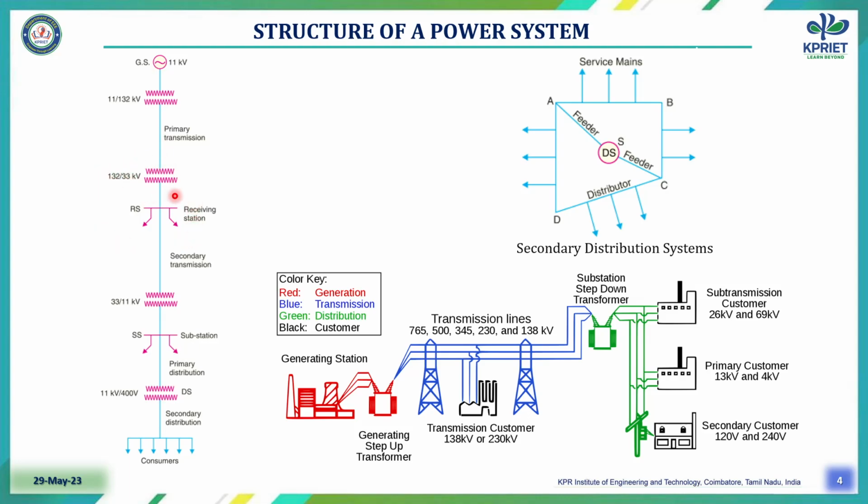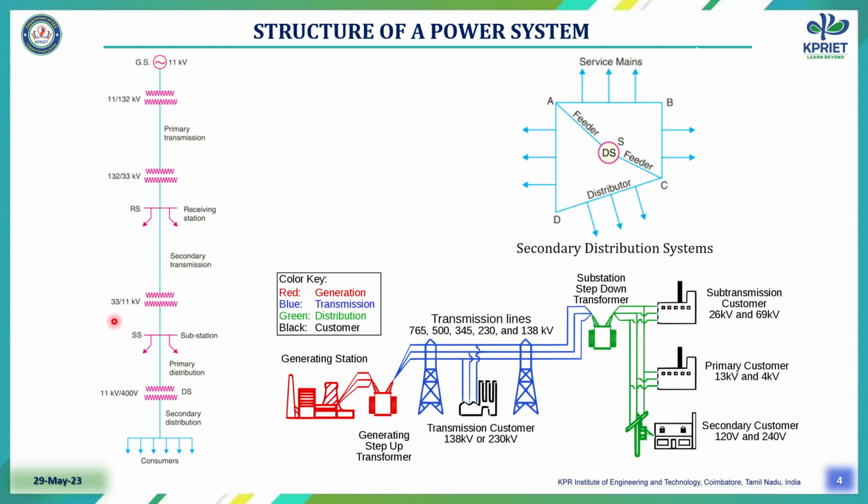Again it reaches the next level, secondary transmission. The 132 kV is stepped down to 33 kV using a transformer. In this stage, the receiving station carries out the stepping down for the secondary transmission process.